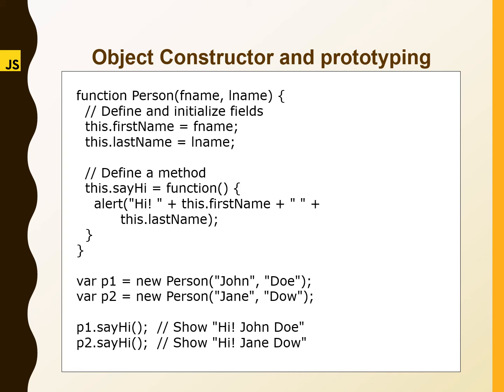Now we see the object constructor and prototyping. We know that constructor is a concept that is specified in object-oriented programming. Here also constructor is there. JavaScript is not an object-oriented programming language, but it maintains some of the properties of object-oriented concepts.